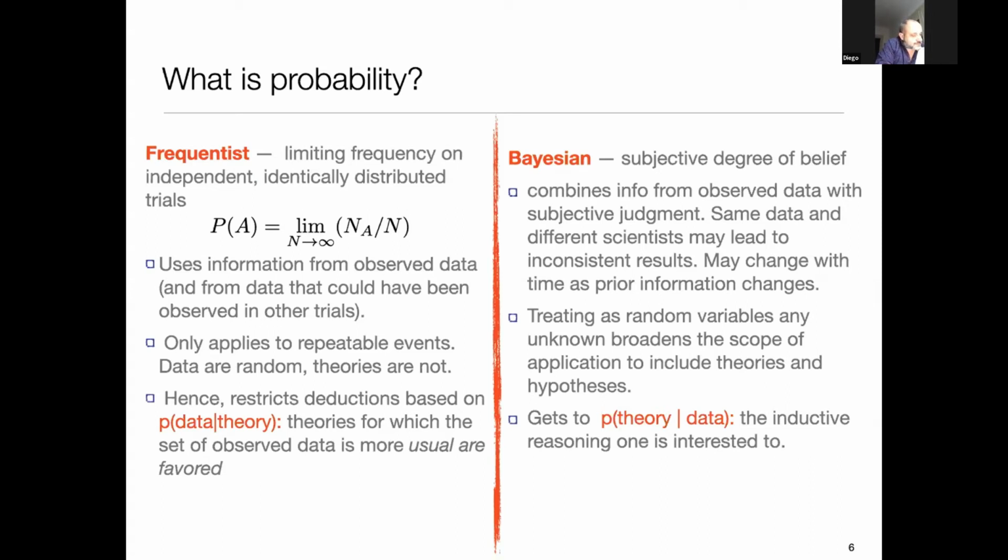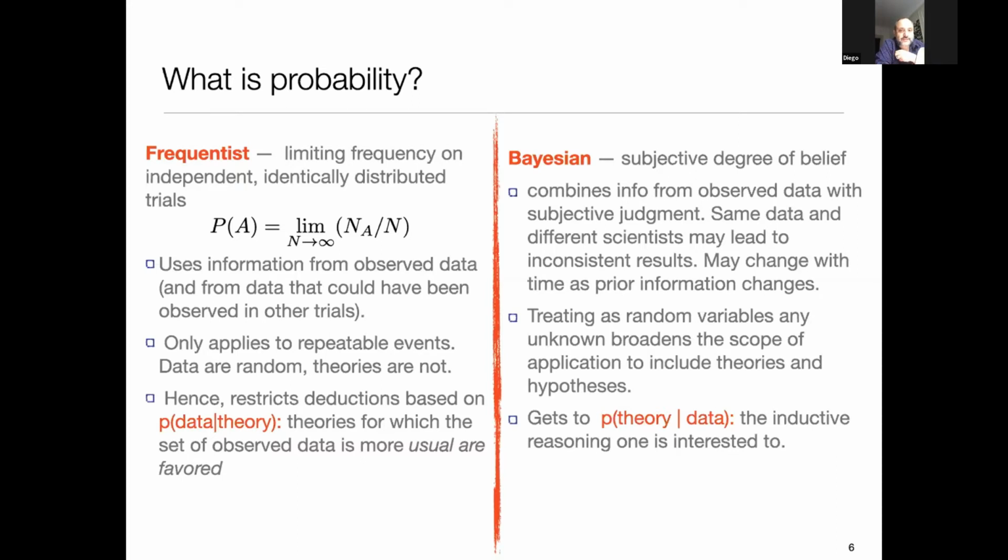This implies that this probability only applies to repeatable events, to things that can be repeated, because you need to repeat the trials to get capital N. So if you are trying to assess in a frequentist way a probability associated to an event that only happened once and is not repeatable, then you are out of tools.